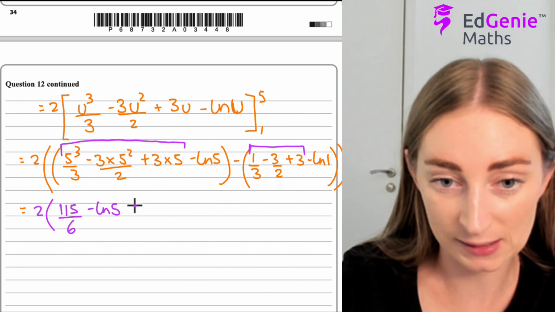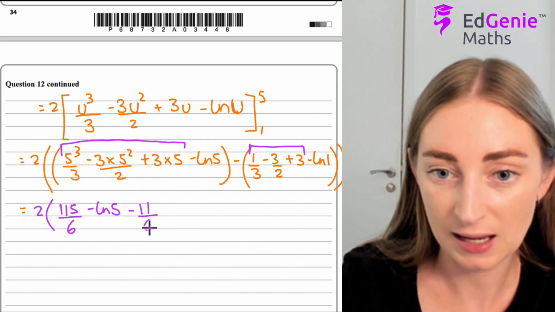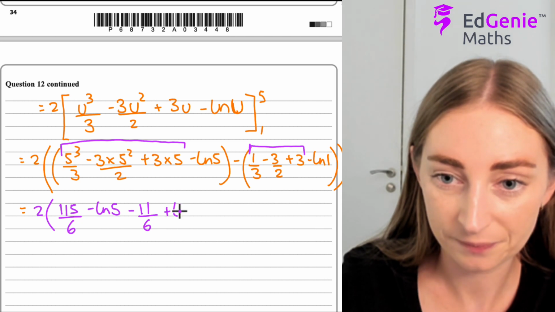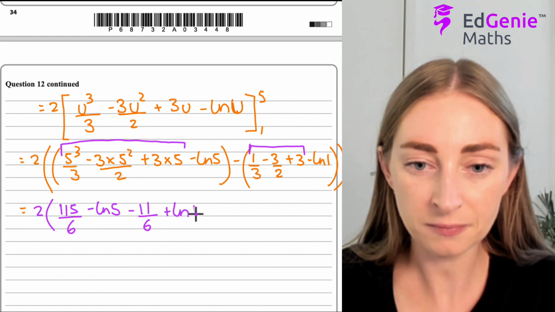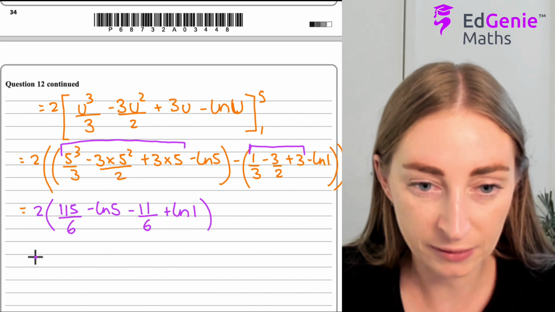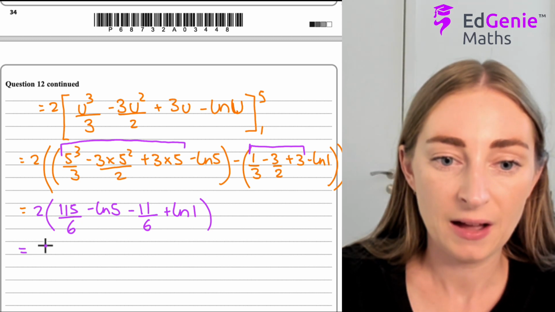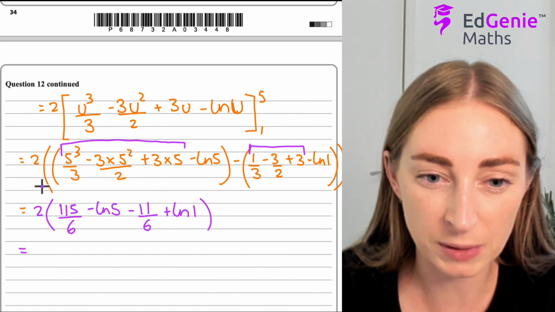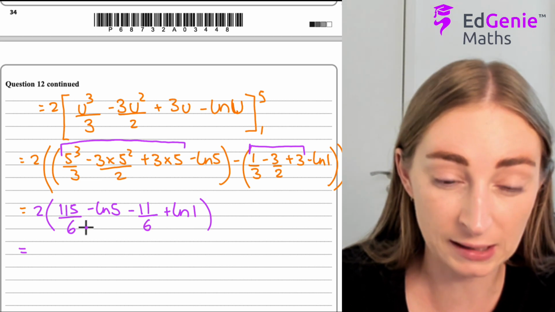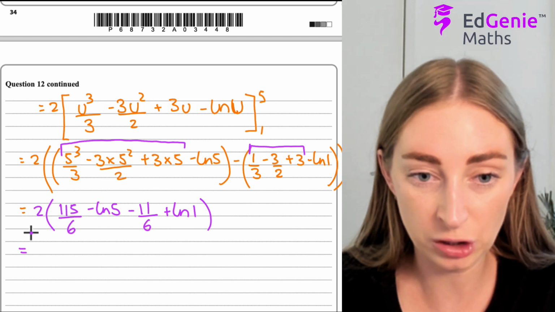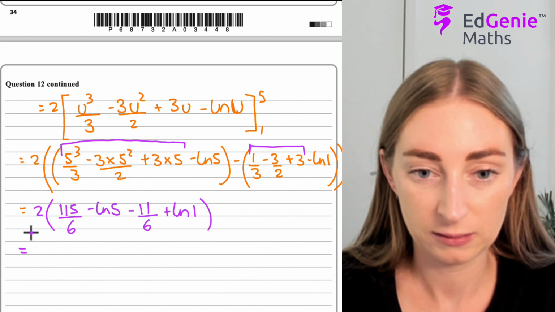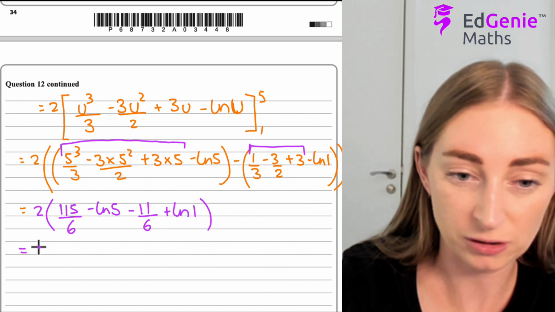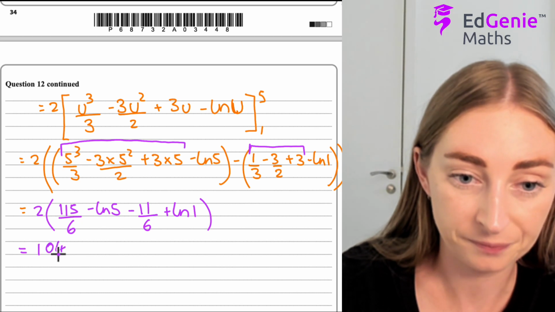So it's going to be minus 11 over 6 minus ln 1. So it's going to be plus. Then, let's simplify this a bit more. 115 over 6 minus 11 over 6 is going to be 104 over 6, times up by 2. It's just going to be 104 over 3, isn't it?